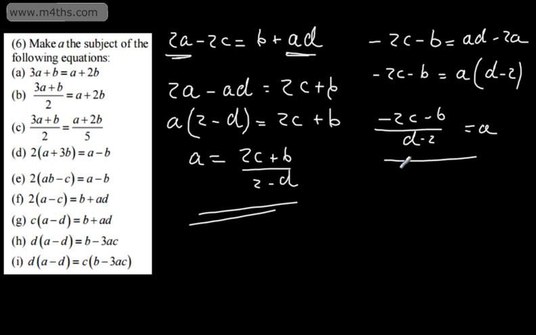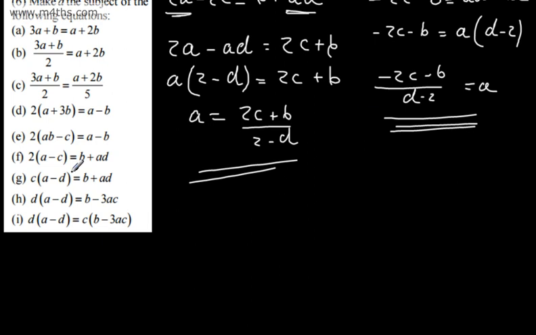These expressions, whilst looking different, are in fact the same. If you put some values in, if you chose b, c and d to be 1, 2 and 3, you'd get exactly the same. It's just a different way of writing it. With this one, you could multiply through by negative 1 and that would give you exactly the same. They are now the same.